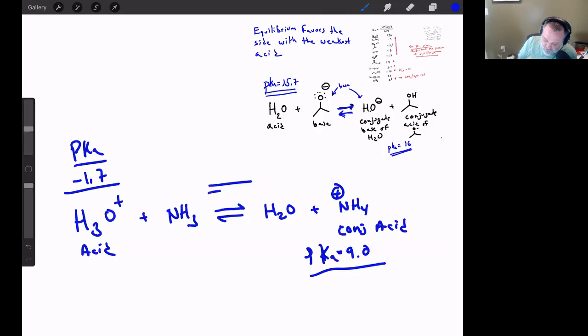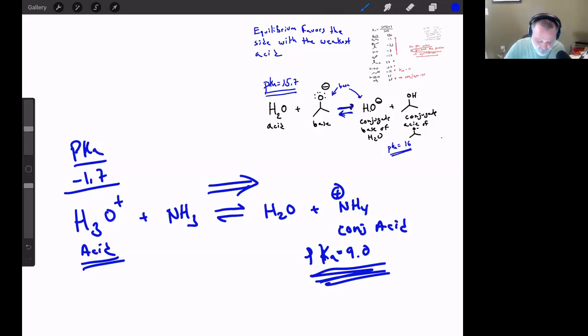So that means this reaction favors this direction. And remember, it's the H3O+ and the NH4+ that are collectively acting as the acids, whether you think about the forward reaction or the reverse reaction. Ammonia is not acting as an acid, and neutral water is not giving up a proton.